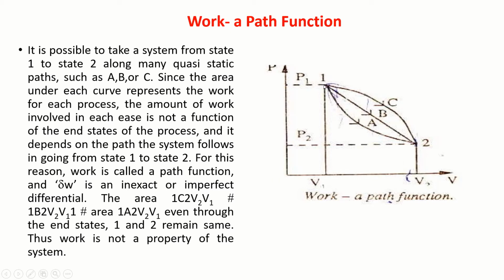So if I take this curve and draw a vertical line and find this area, this is what you call the work. Work done by the system or on the system, whatever it is, when it undergoes a change of state from state 1 to state 2, following path C is this much. If it follows path B, then the work done is this much area. If I follow path A, then the work done is this much.